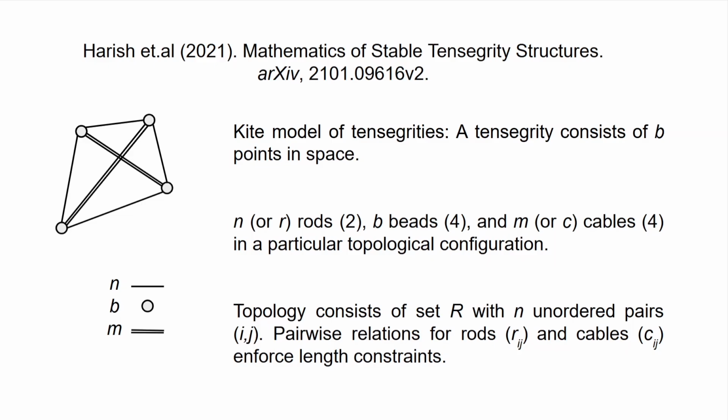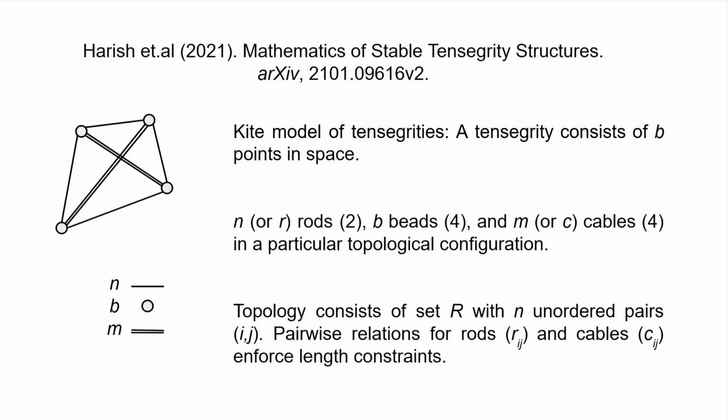This is called the Kite model of tensegrities. So this is a kite. If you've flown a kite, this is the basic structure of a kite. I mean, they have very complex kites, but your basic kite is like a diamond shape with an elongated bottom, and then there are crossbars, and those things are parts of the tensegrity.